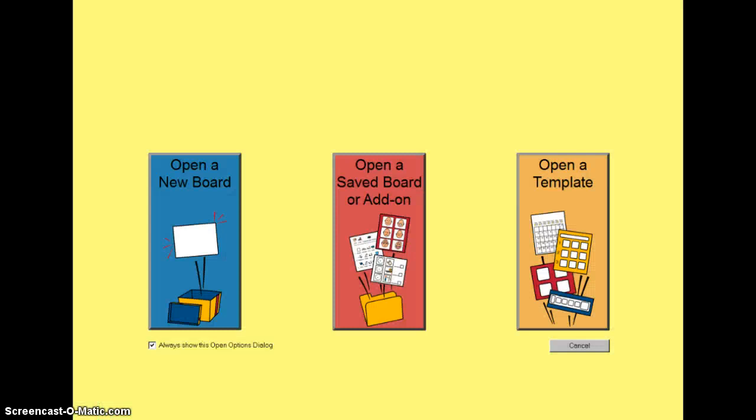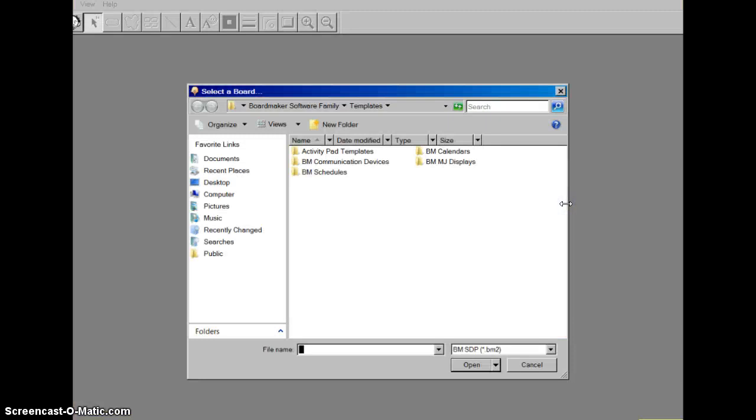You will see a bright yellow screen with 3 choices: New Board, Saved Board, or Open a Template. I'm going to choose Template because templates are already preformed for you, and I think they're a little bit easier for the first-time user. Once you're on your template, you've got activity pads, communication devices, schedules, calendars, and display.